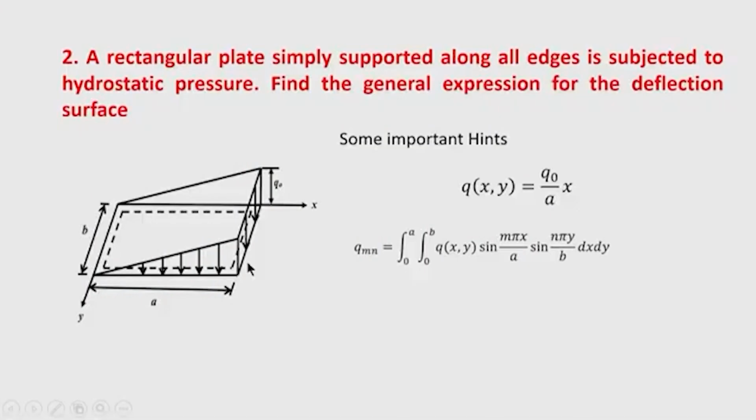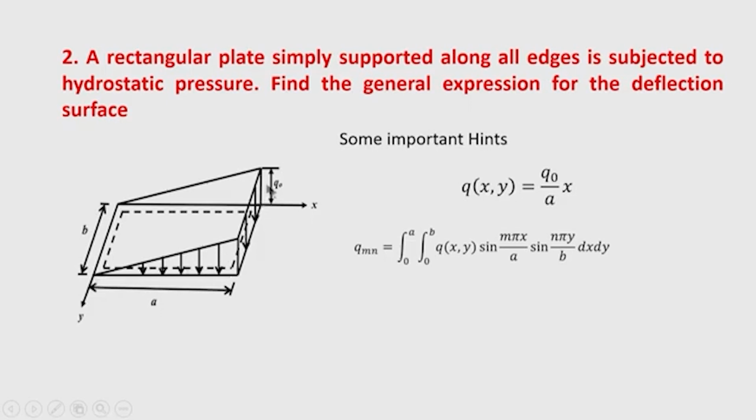Then the pressure will vary linearly from base to the top, linearly varying with the depth or distance. So, the maximum pressure that you will get at the one extreme edge, and here it is 0.